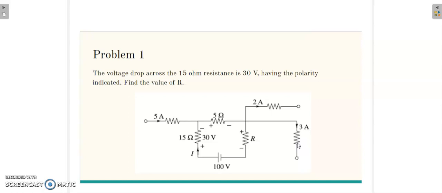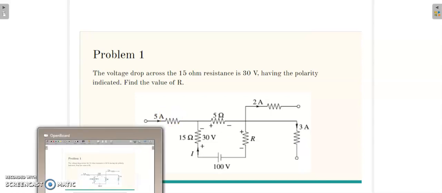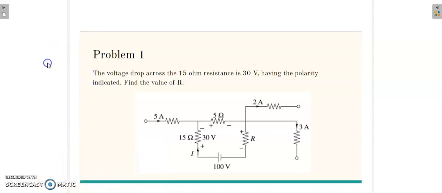Now we can simply use the basic concepts. For example, if the value of this resistance is 15 ohm and the voltage drop across it is 30 volt, obviously we can use Ohm's law, which states that V is equal to IR.